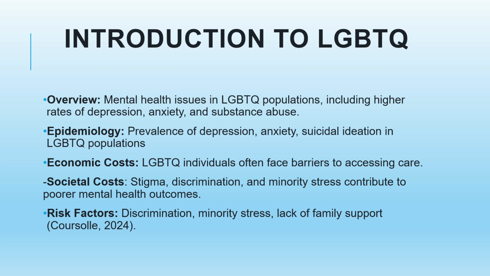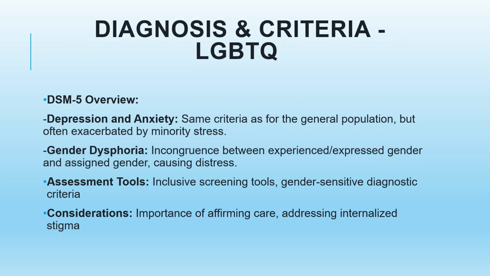Some risk factors involve this discrimination, the minority stress, and then the lack of support that many of them face. For diagnosis and criteria, DSM-5 overview, depression and anxiety have the same criteria as for the general population, but are often exacerbated by minority stress.